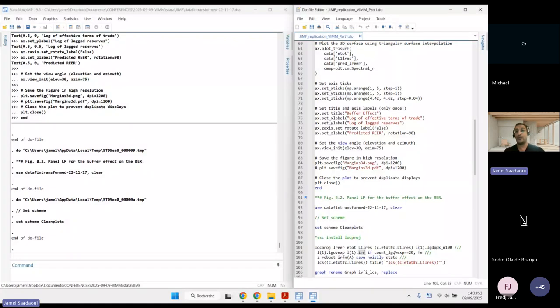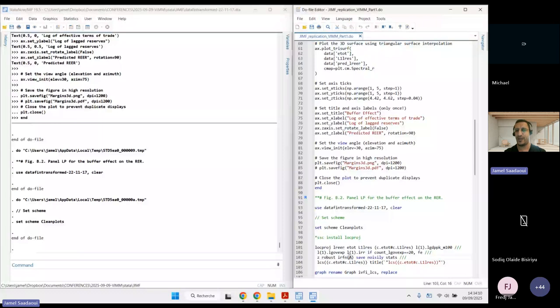For the purpose of the seminar I have a balanced panel, but you can do it without a balanced panel. I include fixed effects. I will use the Z statistics, and I use robust standard errors.